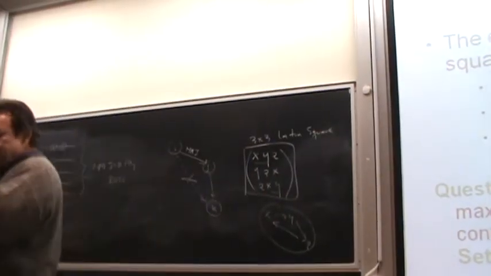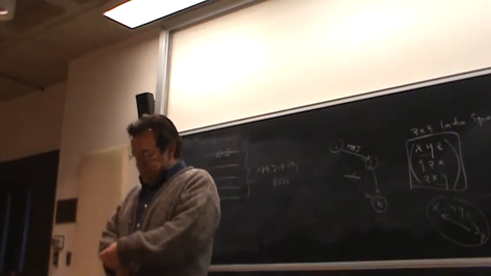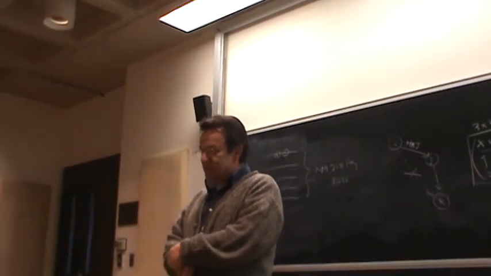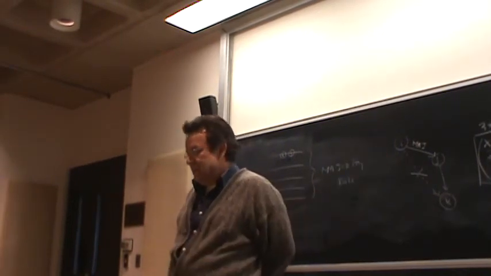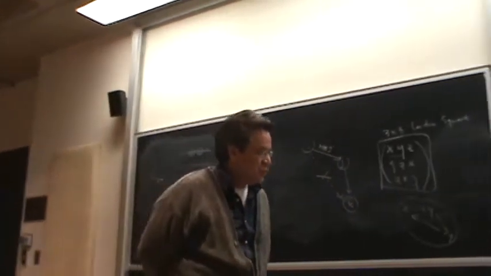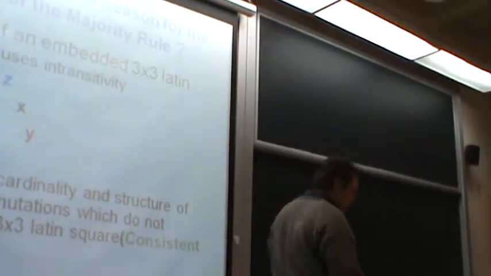Is the question clear? The largest collection of permutations such that for no triple of symbols you have the 3 by 3 Latin square. I call those sets consistent sets.